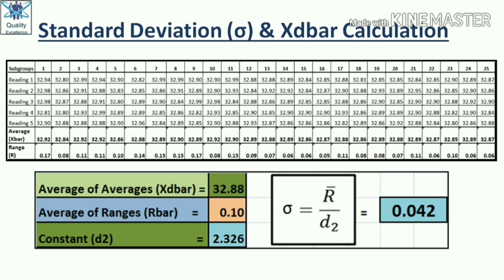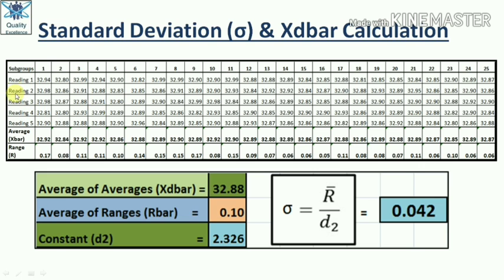Now let us calculate standard deviation and X double bar based on our specification, which is 33 plus or minus 0.2. You can see the data is plotted here. There are a total of 25 subgroups and 5 readings in each subgroup, so overall 125 readings.